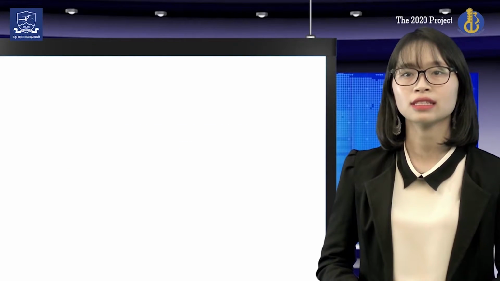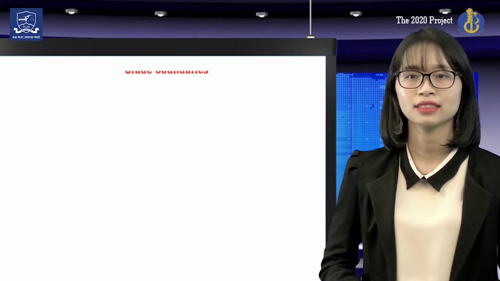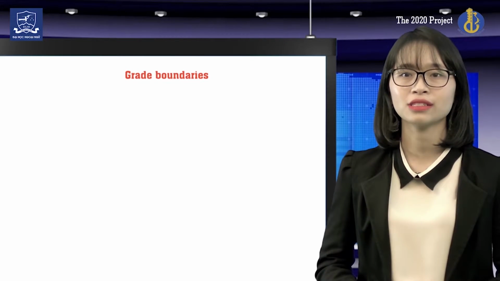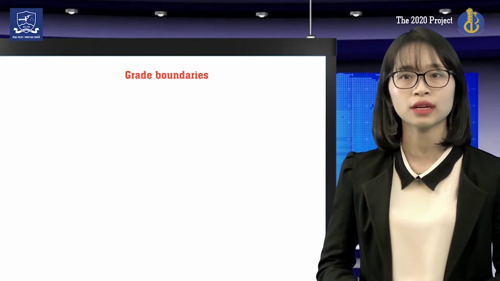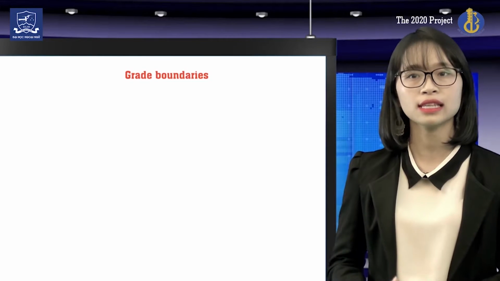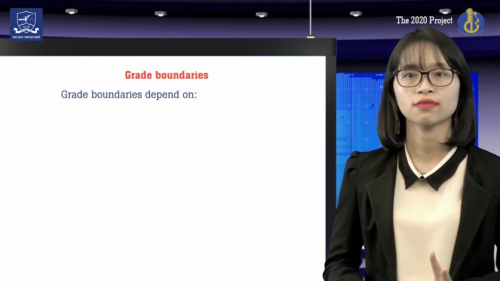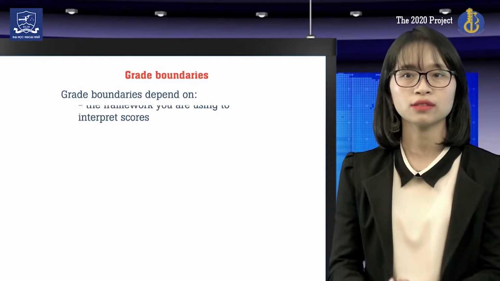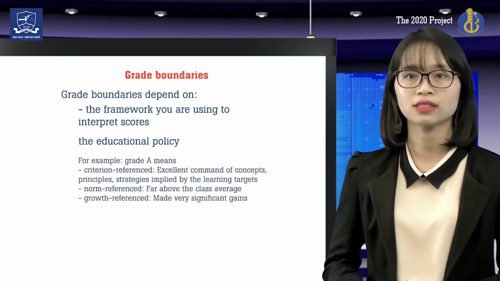We've just finished discussing how to weight grades. Now it's time to move to the next part of the section, grade boundaries. An important consideration is how to establish boundaries between the grades. What constitutes a 10 or a 7? The answer will depend on two factors: first, which framework you are using, and second, your school's policy.